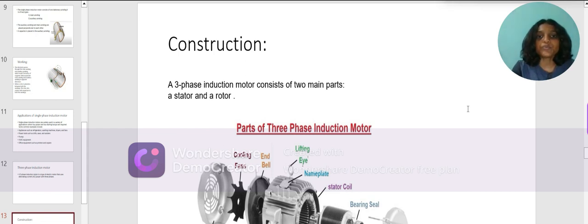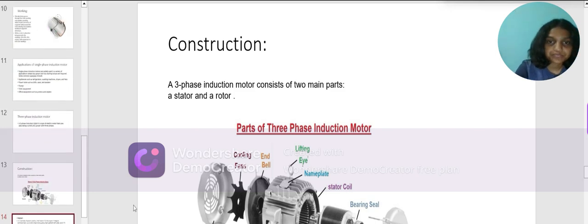Construction. This three phase induction motor also has two main parts, one is stator and one is rotor. If we look at this picture, we can find the parts of the three phase induction motor. There is a fan over here, there are two ends, and there is a stator and a rotor.